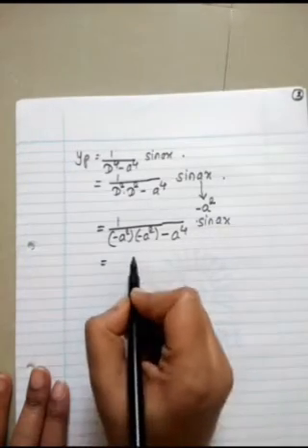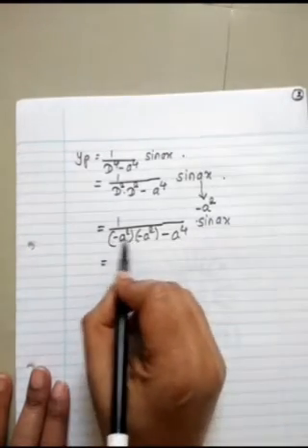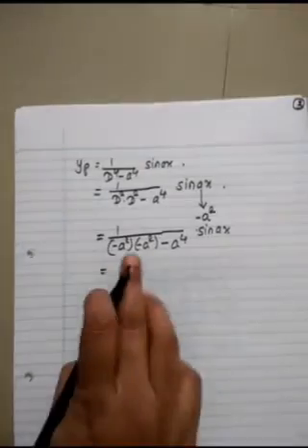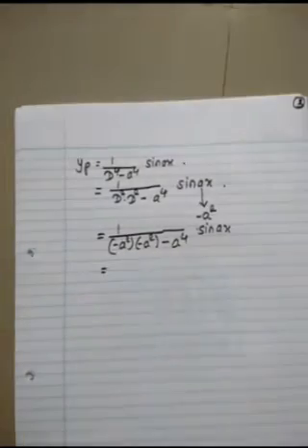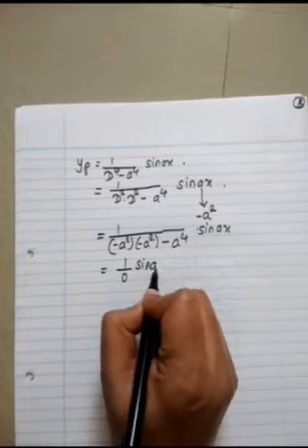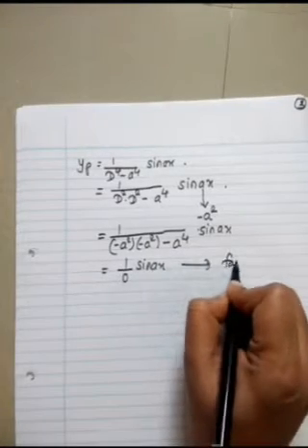If two minus signs are multiplied, we get plus, so it is a raised to 4 minus a raised to 4, that is 0. That is the case of failure.